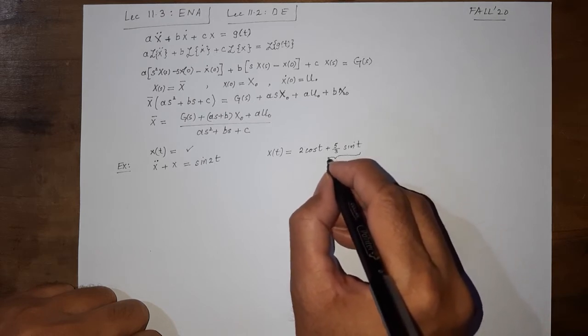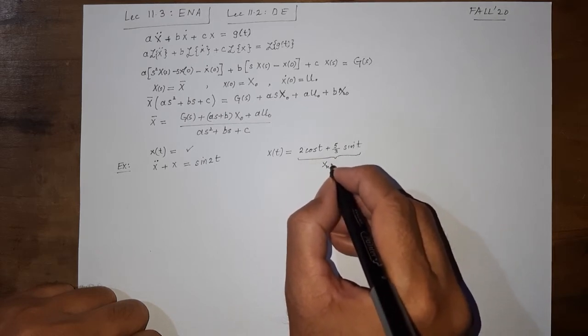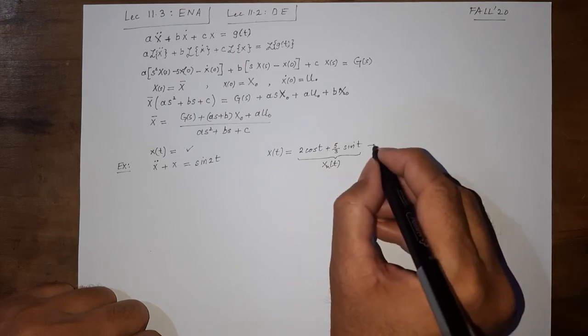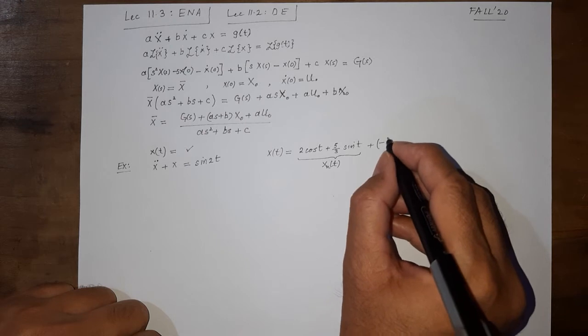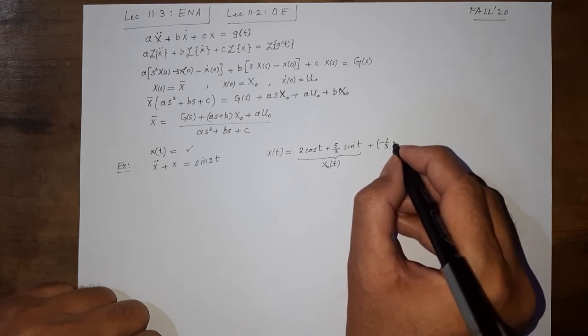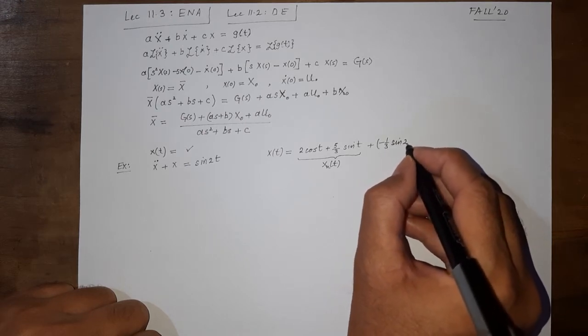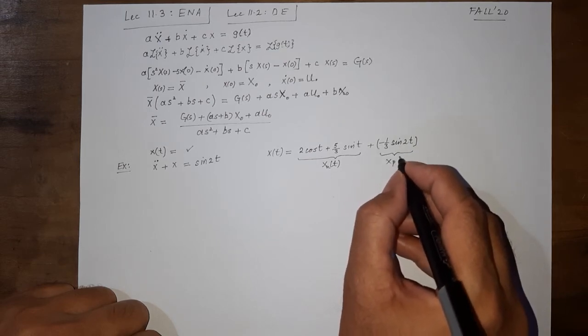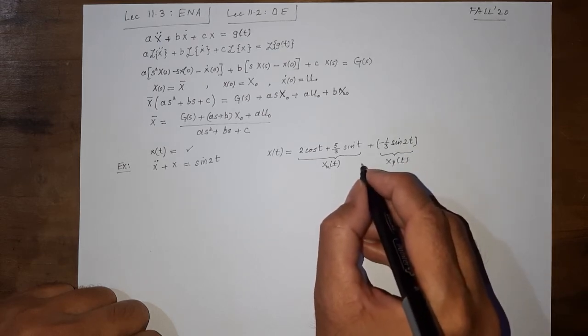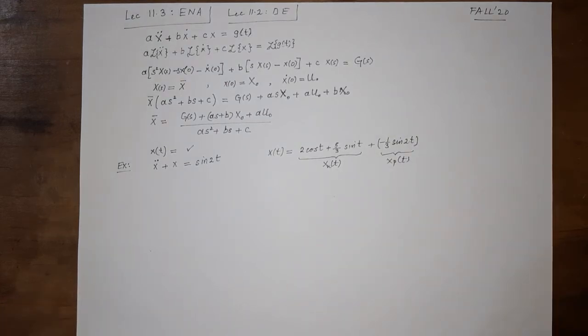This is the homogeneous solution xh, and this would be the particular solution, and we know the overall solution is actually the sum of the homogeneous solution and the particular solution.